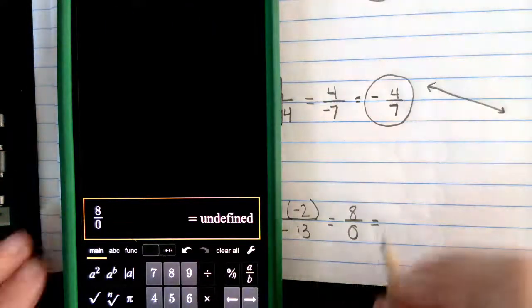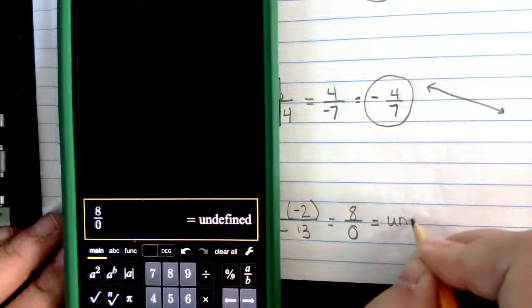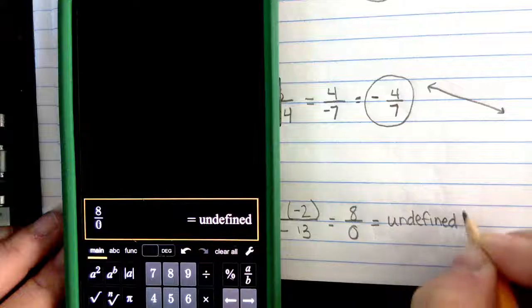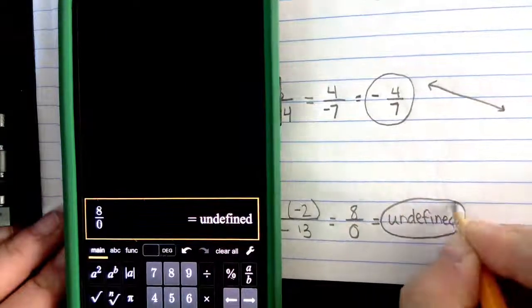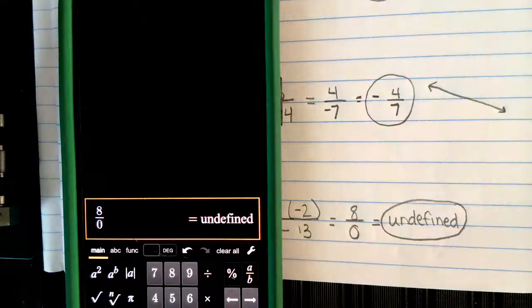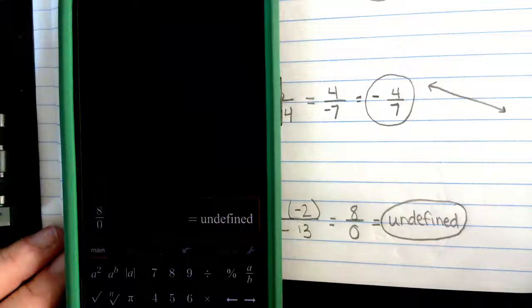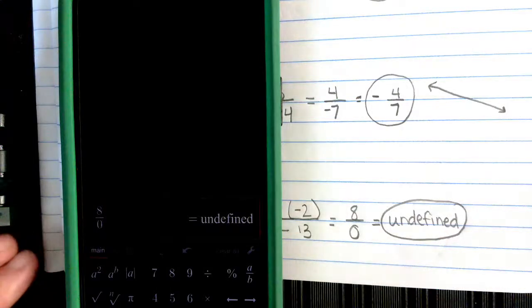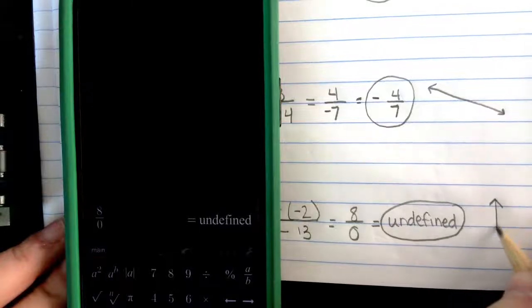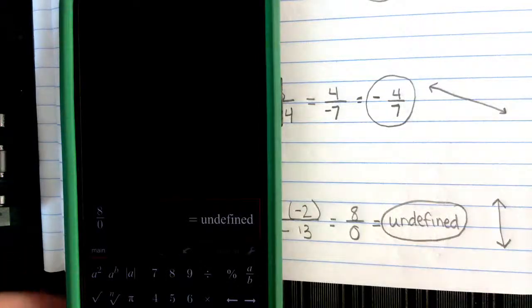No, so this is undefined, and that's our answer. Remember with undefined slope, what kind of line are we working with? No slope at all, so is it horizontal or vertical? Good, vertical. Undefined means it's vertical. It's going straight up and down. There is no left and right.